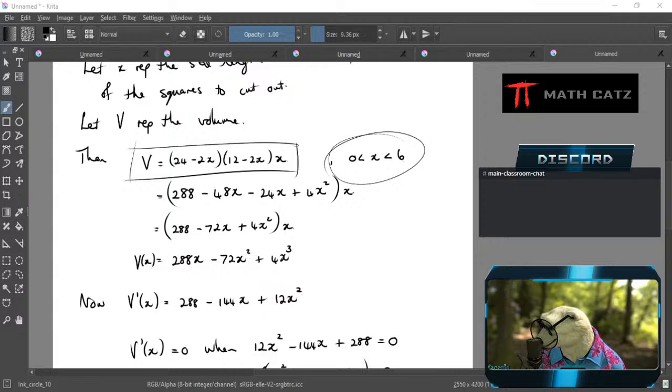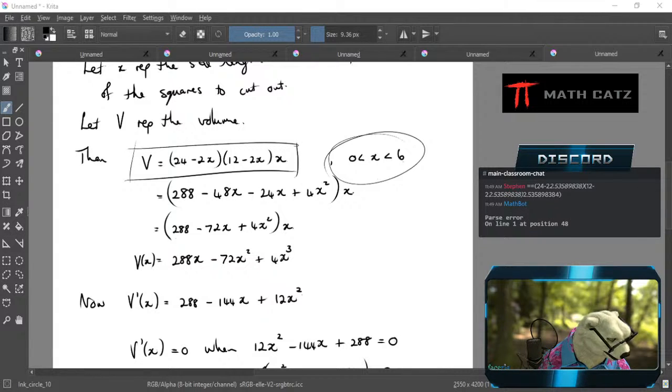Times 12 minus 2 times 2.535898338 something. And then times that number again. Maybe you have a memory function in your calculator. Maybe MathBot does as well. I don't even know. I rarely use it.